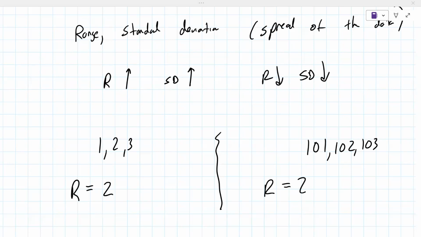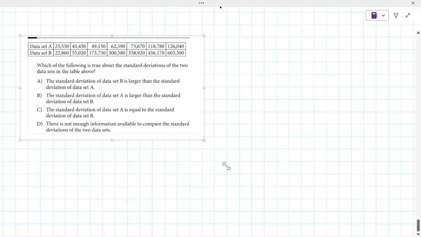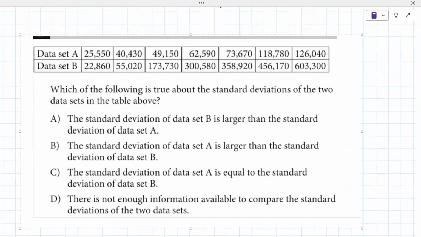Or a problem like this one. All right, go ahead and take a look at that, please.